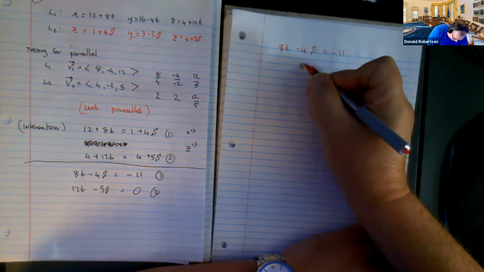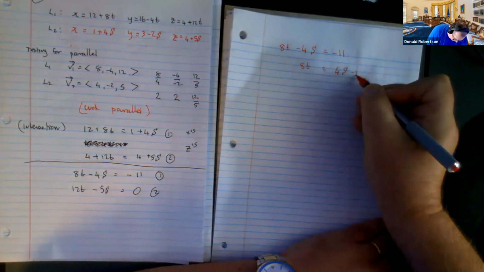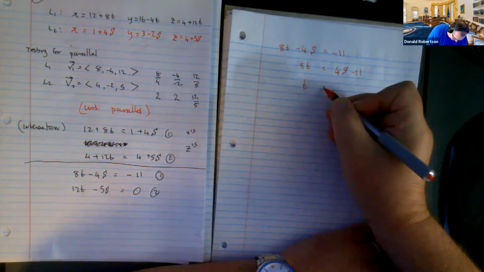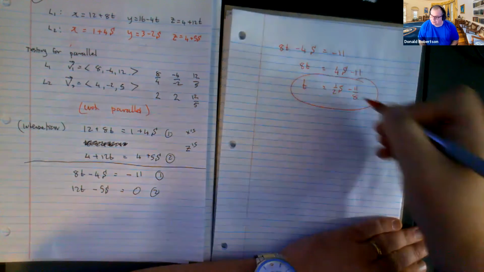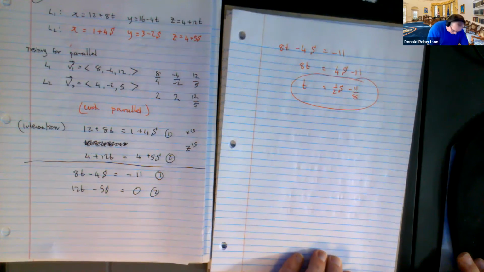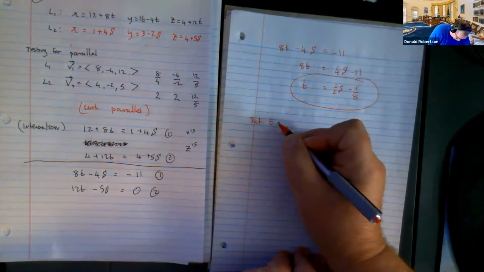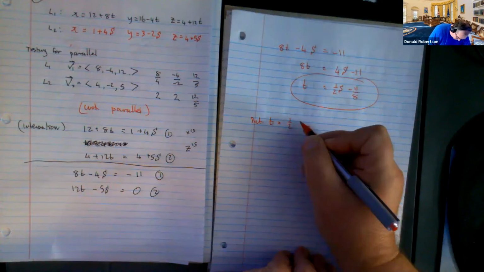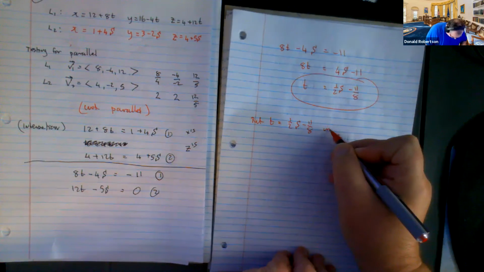So I'm going to add 4s to both sides, and then I'm going to divide everybody by 8. Not very pretty, but it'll do, right? I'm then going to put t equals 1/2 s, take away 11/8, and I'm going to put it into this equation here.